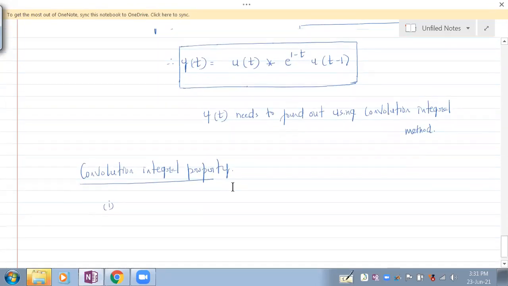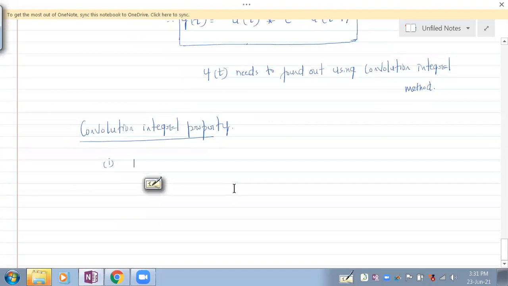Let's leave that and just see what happens if the impulse functions come. Okay, we are seeing that now. x of t being convolved with delta of t is given as x of t.